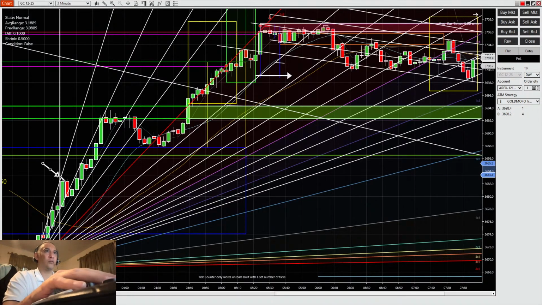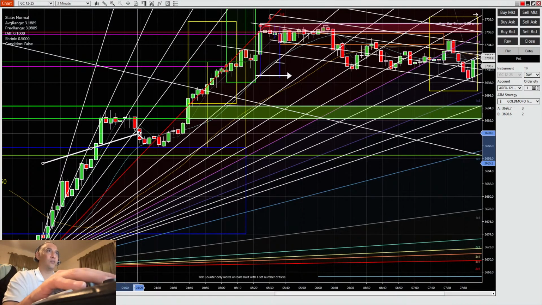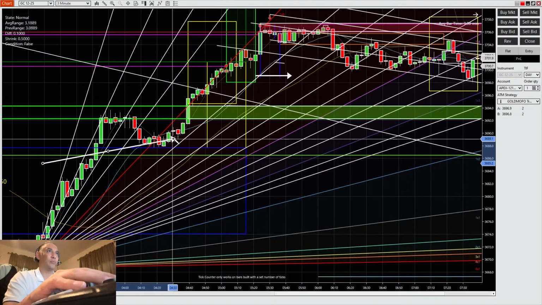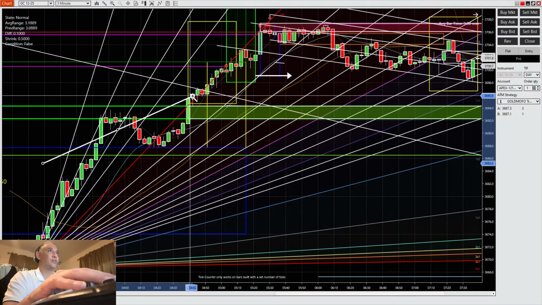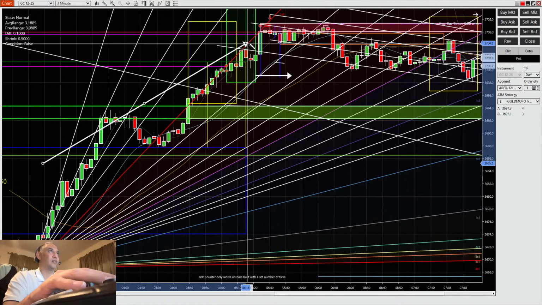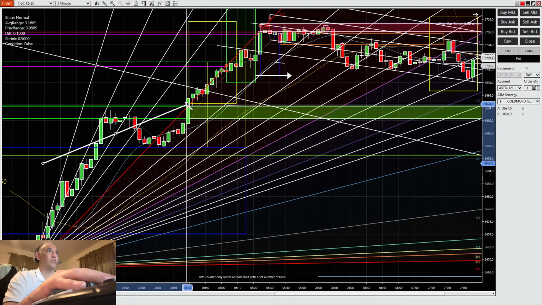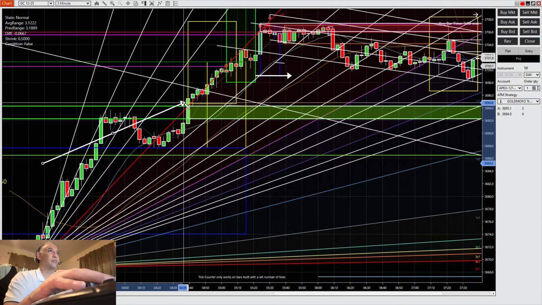So you can see where you find resistance, resistance, resistance, resistance, support, drops through, support, even though it's not touching there, but basically support. And then resistance as it holds it right here and pushes it back under, resistance. And so when you're going up, when you're on the left side of a trend line, it's more powerful, right? It's a stronger move.